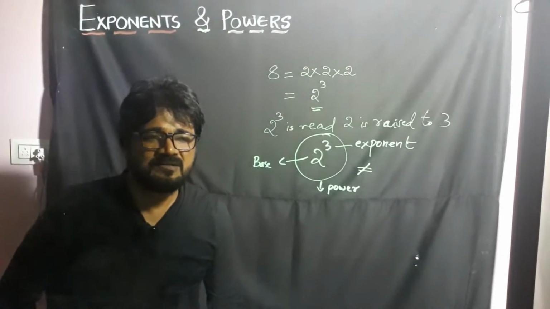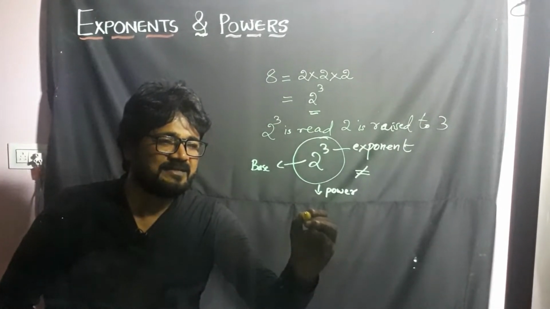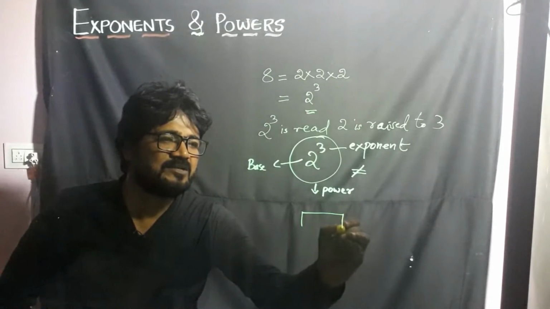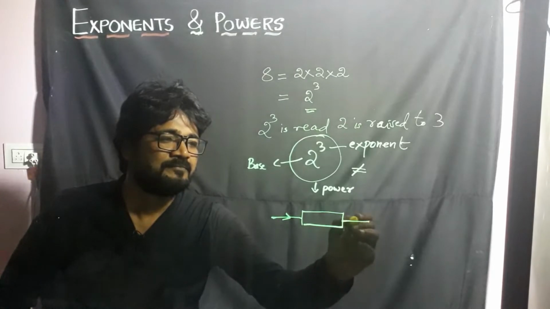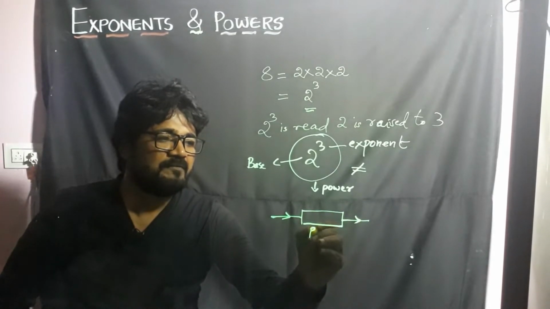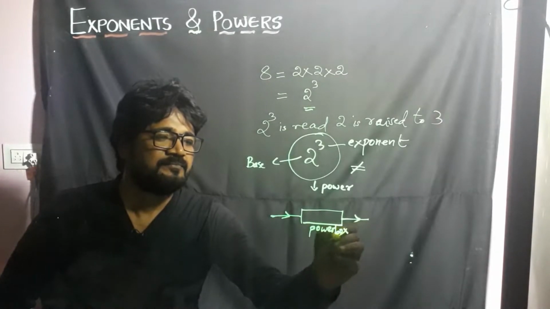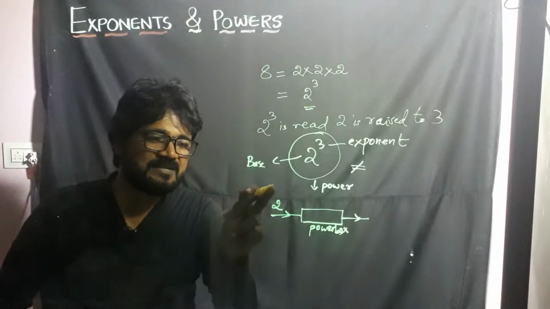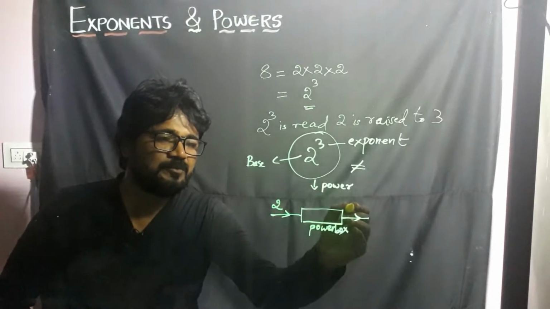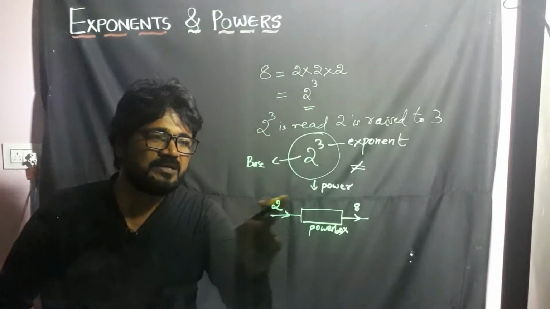Okay, let us see, children. Now we have known how the power has been generated. Take a circuit, and this is called the power box. Here we are giving an input 2. This input is given into the power box and the output has become 8. So the power of 2 is 8.